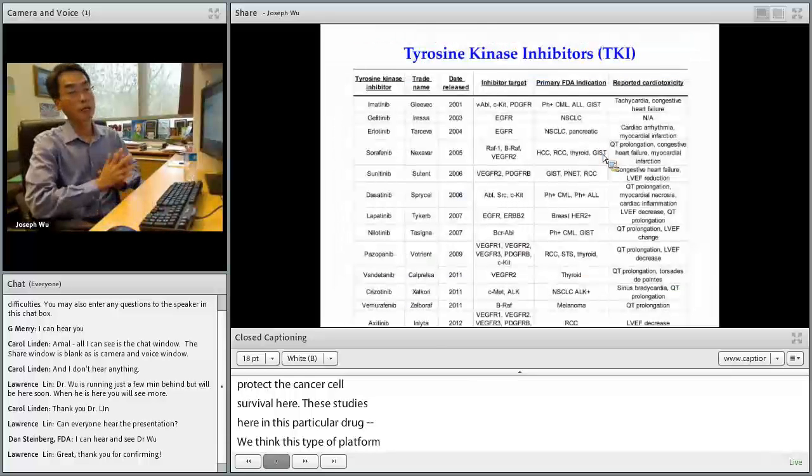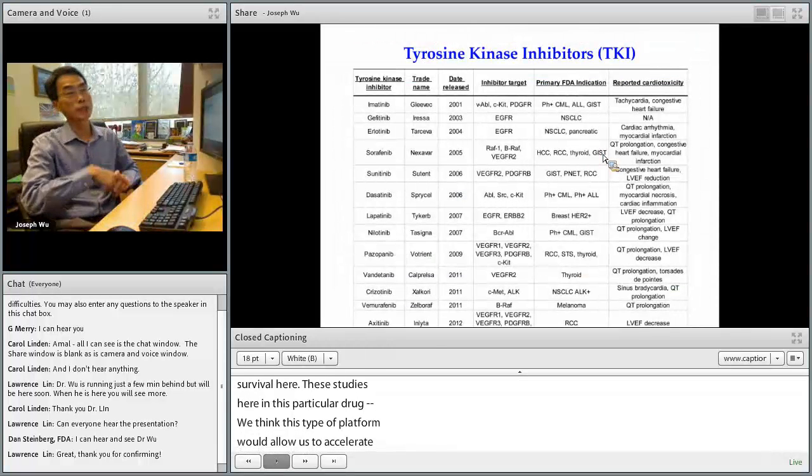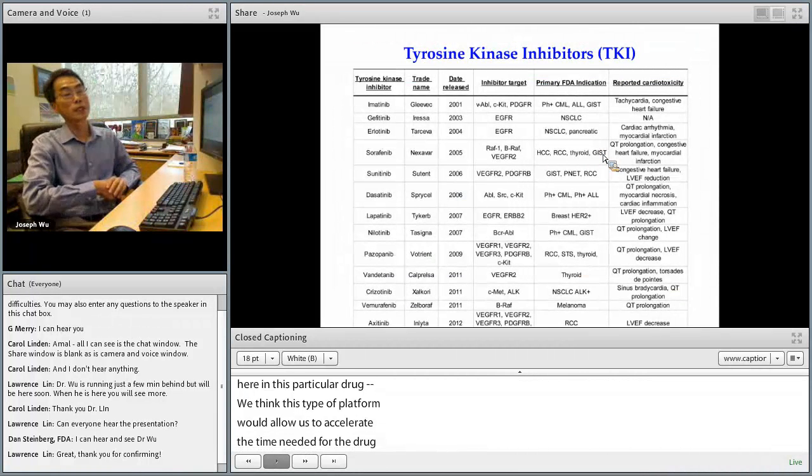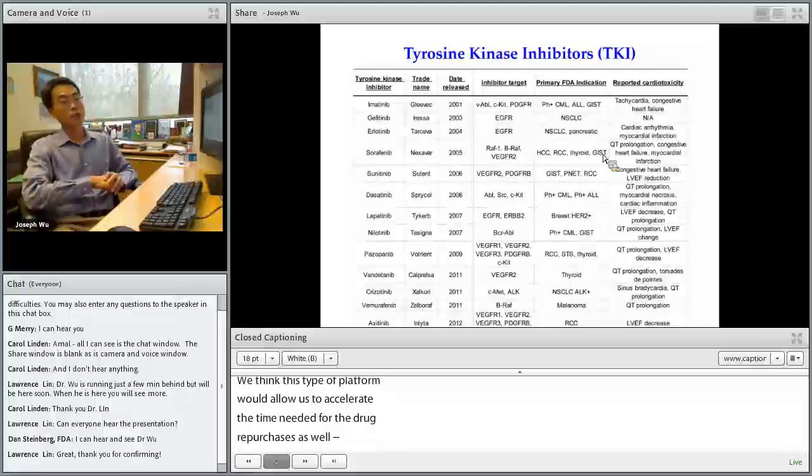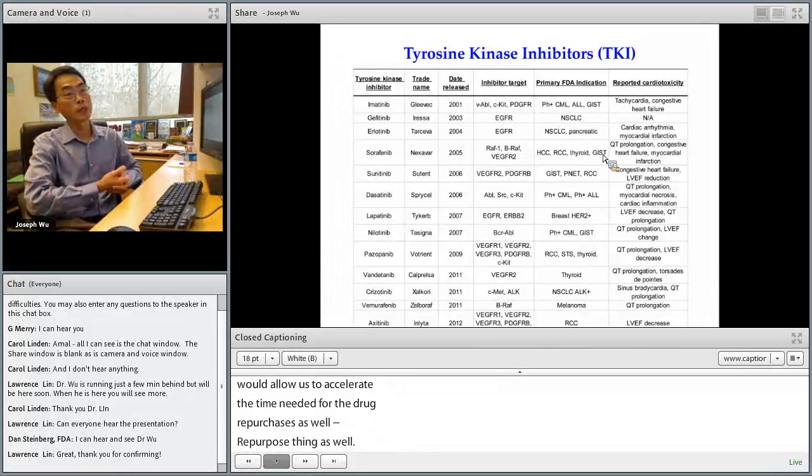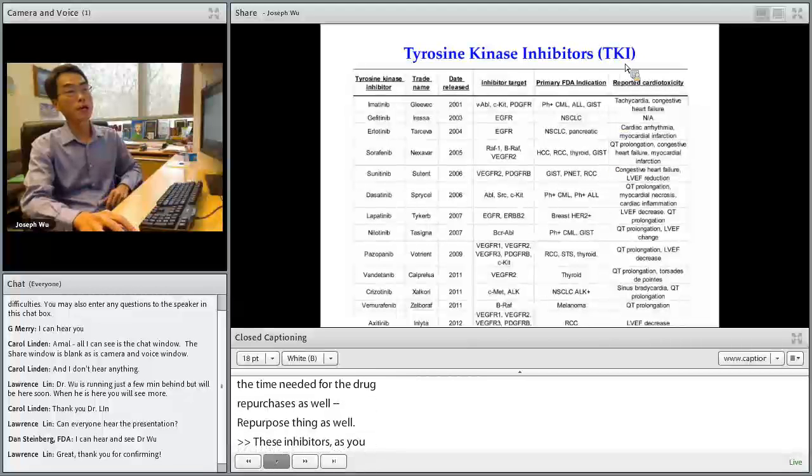So I showed you examples of doxorubicin. You could also do this with tyrosine kinase inhibitors. These drugs, as you all know, are probably the most prevalently used cancer medications these days for various types of cancer, for example breast cancer, non-small cell lung cancer, thyroid cancer, melanoma.